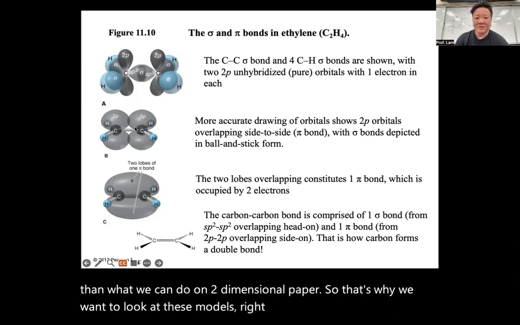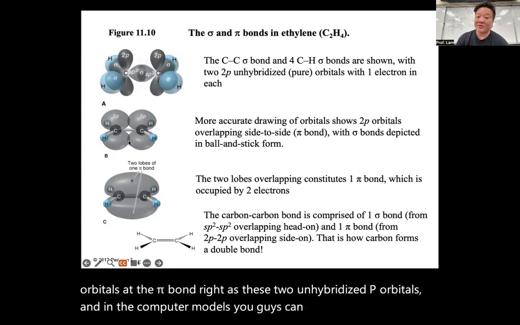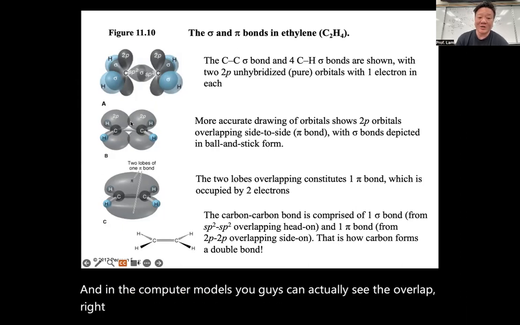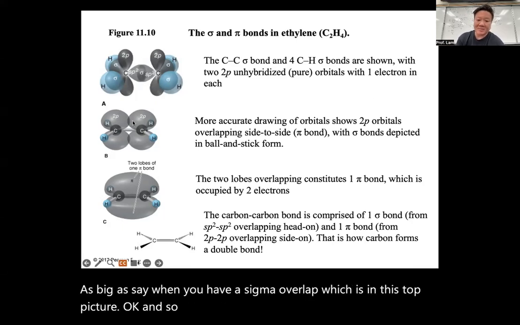The computer models the p orbitals as the pi bond, as these two unhybridized p orbitals. And in the computer models, you guys can actually see the overlap, right? But the region of overlap is not as big as when you have a sigma overlap, which is in this top picture, okay? And so that's why a sigma bond is stronger than a pi bond.